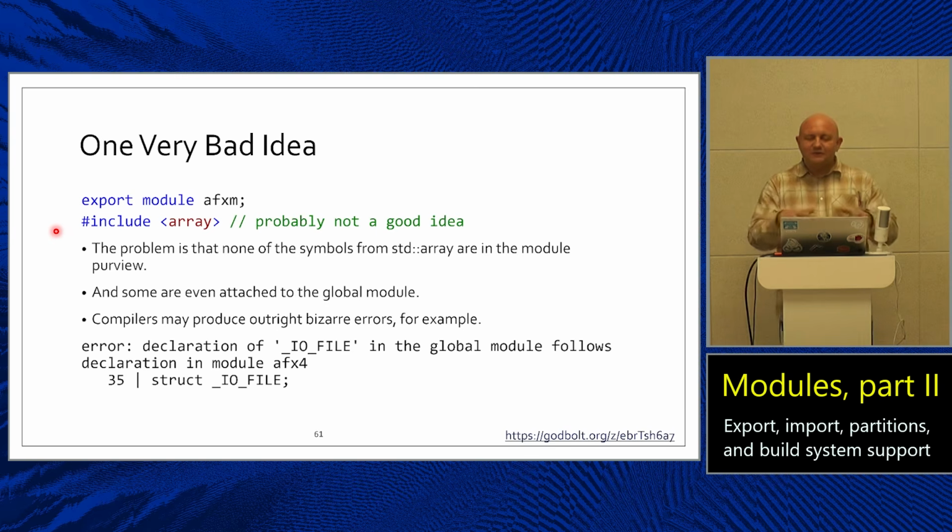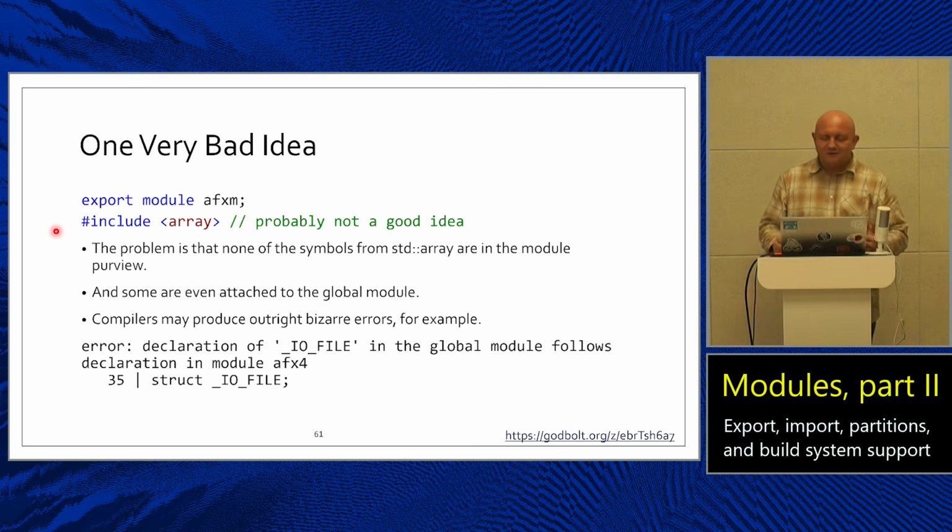Where do all those names from the header end up? Everywhere. Symbols that are attached to the global module, for example anything declared extern C, will now start clashing unpredictably with other global definitions from unrelated modules or headers. And all other names will spoil your module linkage space.